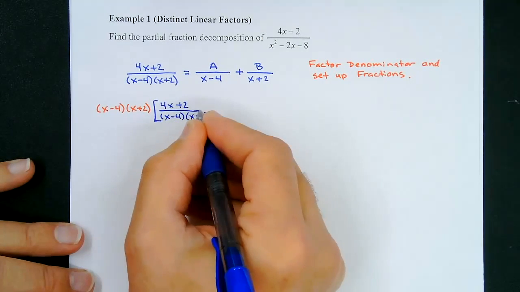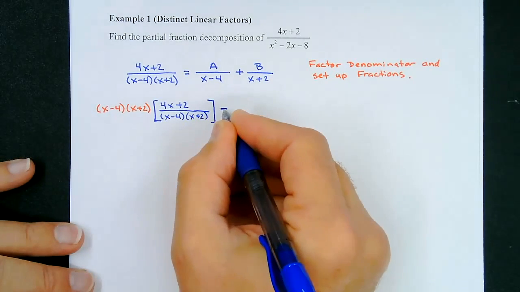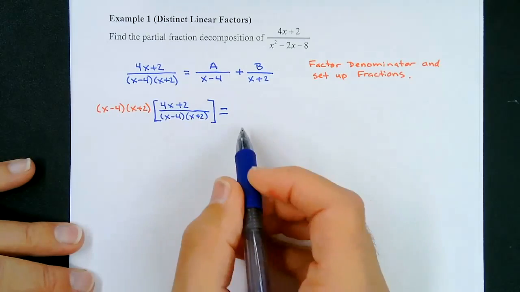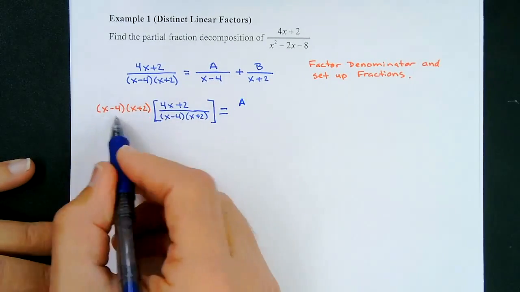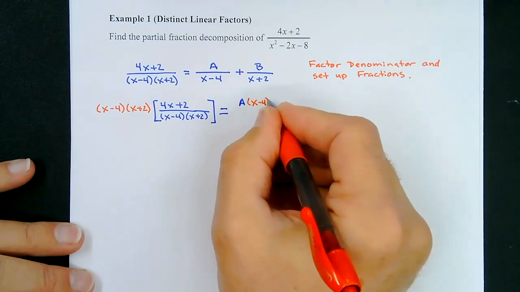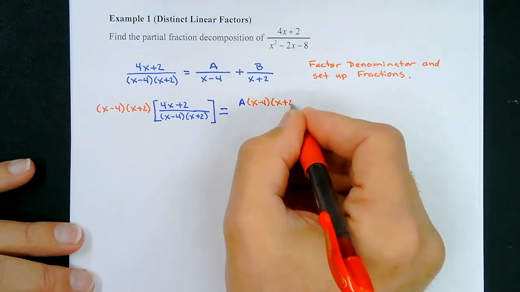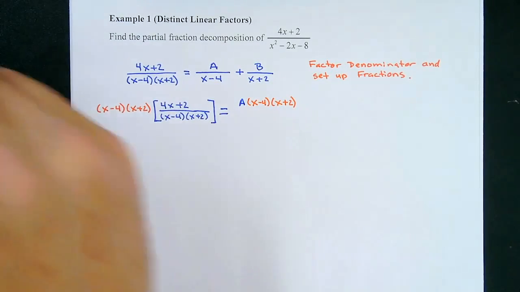I'm writing it now, but if you just did this mentally, that'd be fine too, once we really start doing these. And this is equal to a times the x minus 4 times x plus 2, because I'm going to have to multiply both of these by that, right?